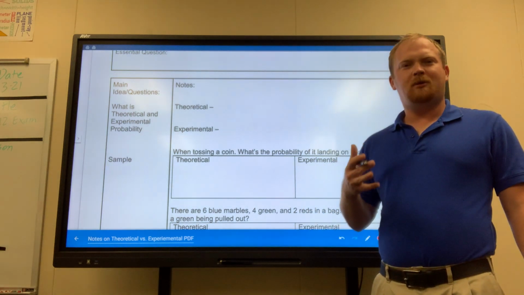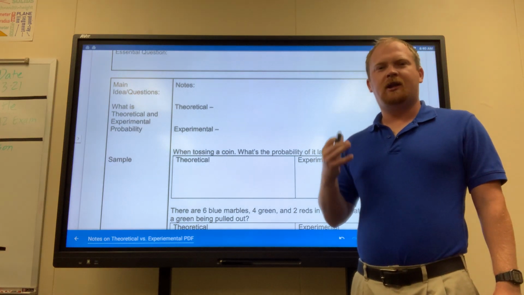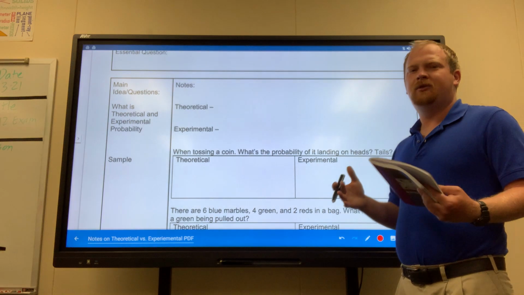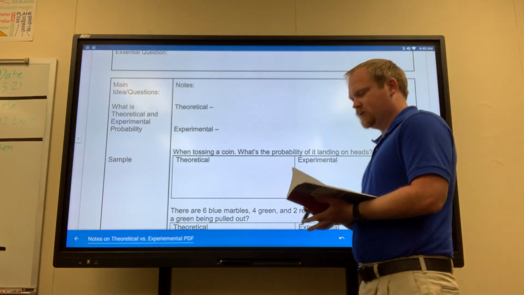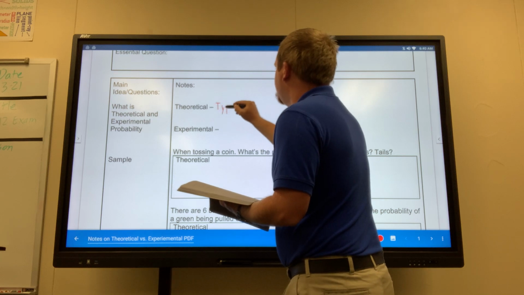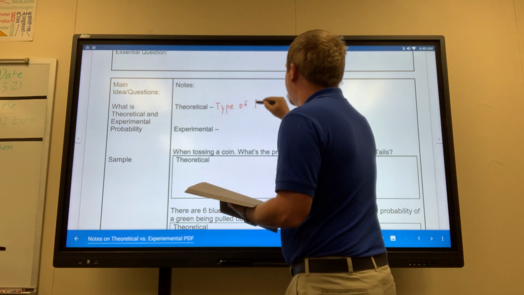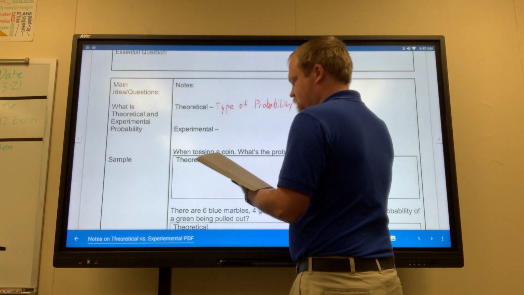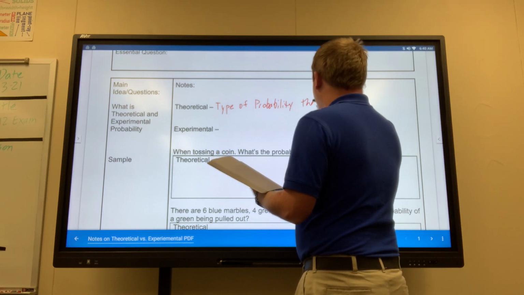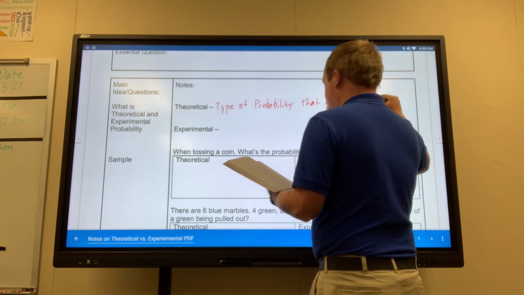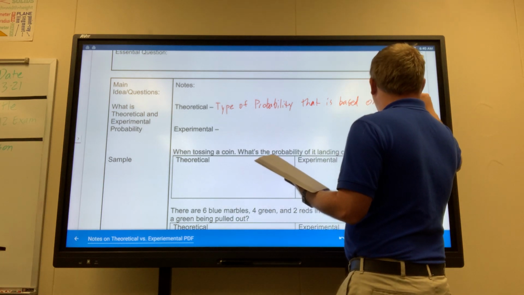Today we're going to be focusing on theoretical and experimental probability. Now, what do we mean by theoretical probability? Basically, it's a theory, okay? It's the type of probability that is based on math theory.